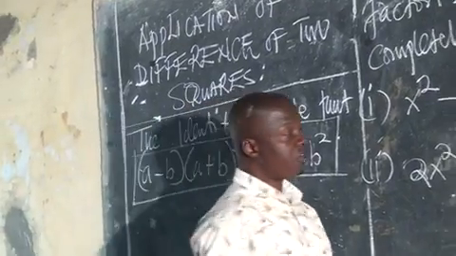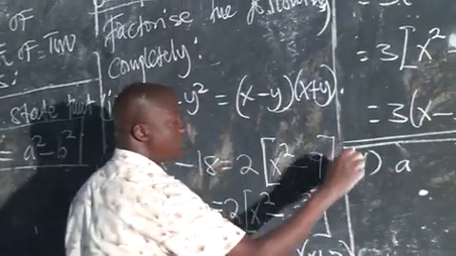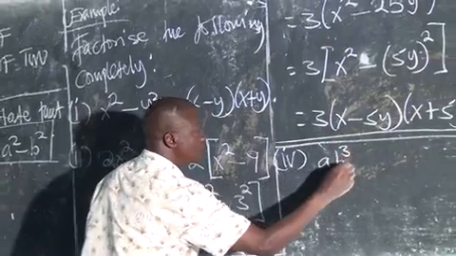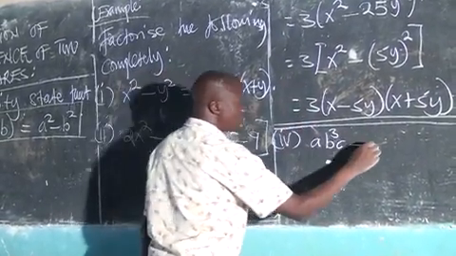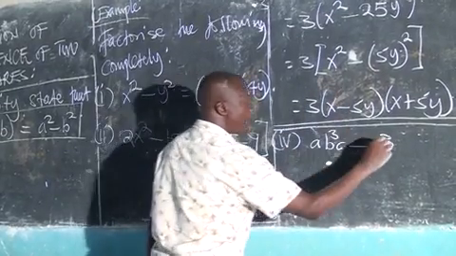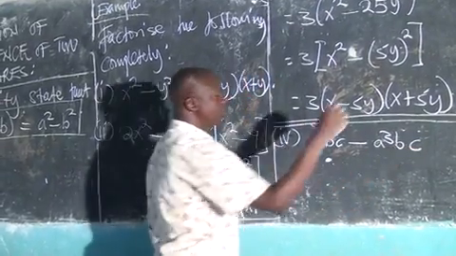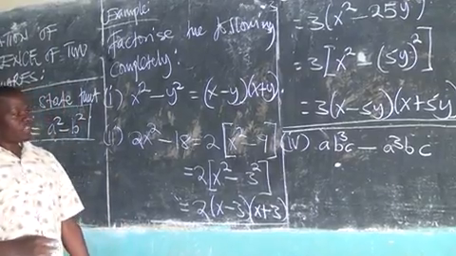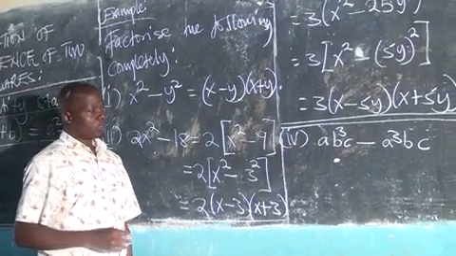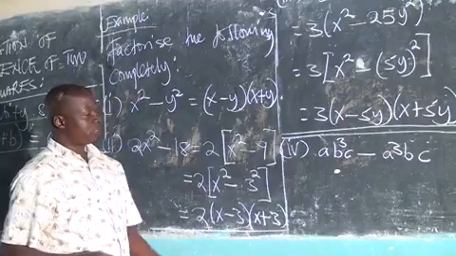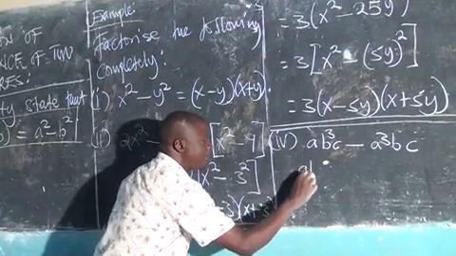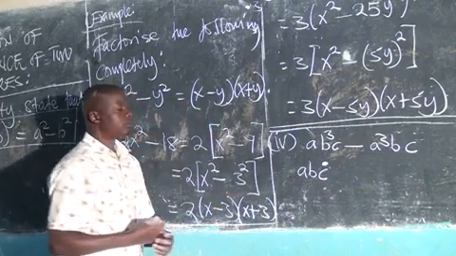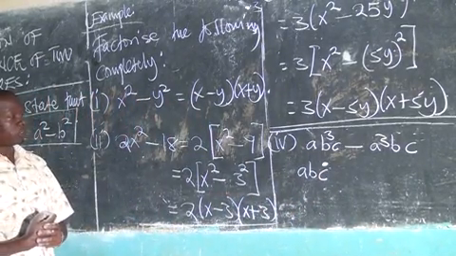So we have ab cubed c minus a cubed bc. They want us to factorize. When you observe properly, there is a common factor that is abc. That one is common.